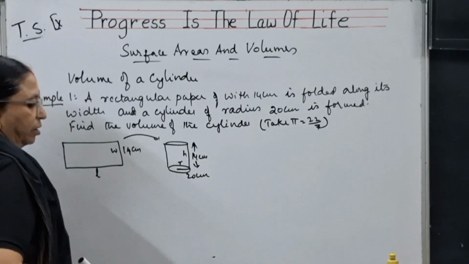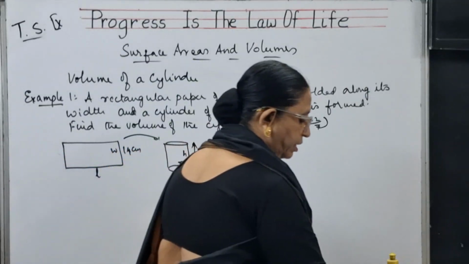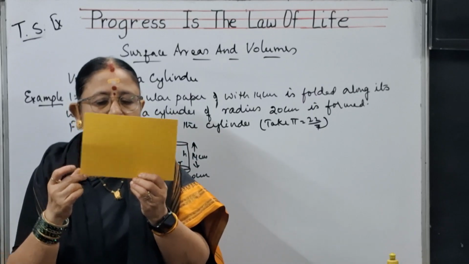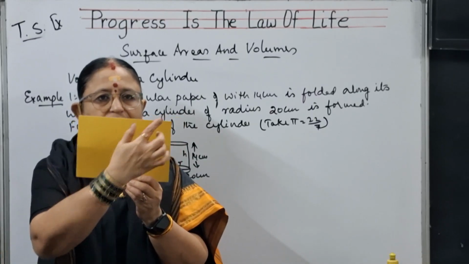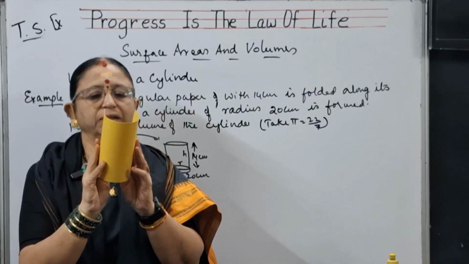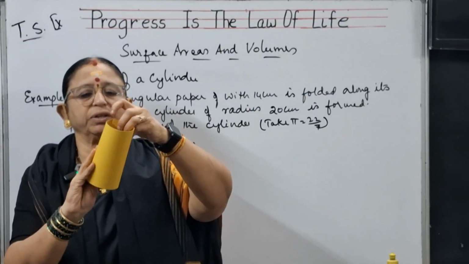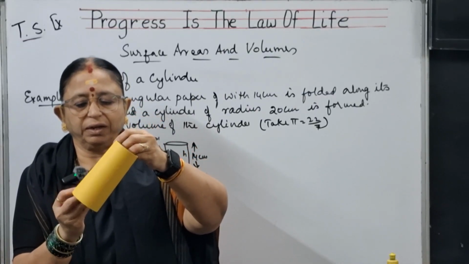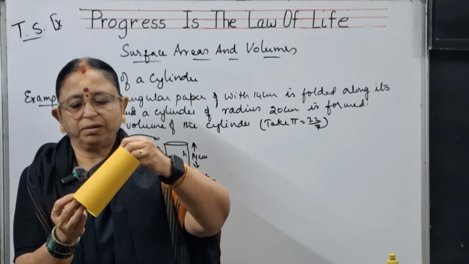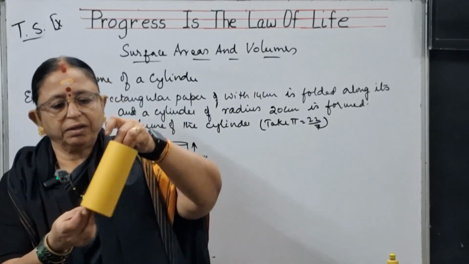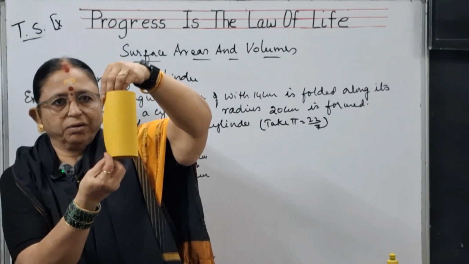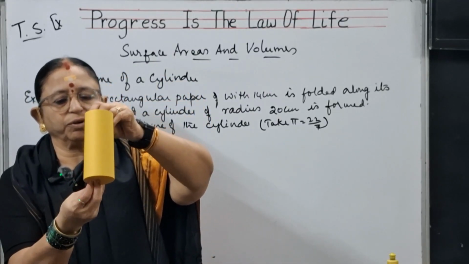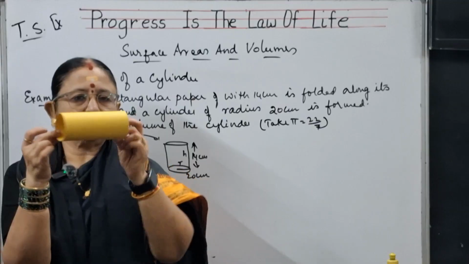This is height. So let me show you for a clear understanding. This is a rectangular piece. This is length. This is width. Along the width, they have folded. That means in this way they have folded. So if they fold like this, a cylinder is formed. See, this is a cylinder formed along the width. So in this cylinder, the bases are circles.